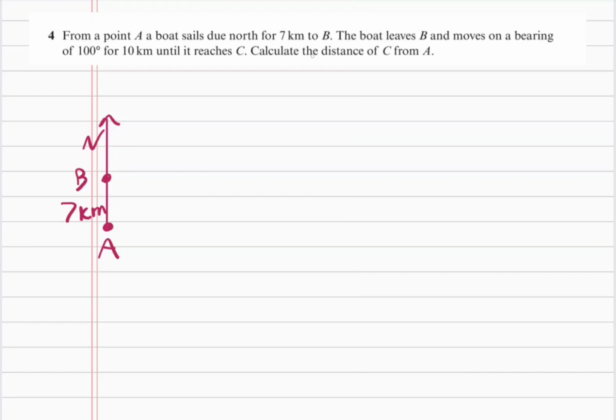Then the next part says the boat leaves B and moves on a bearing of 100 degrees for 10 kilometers. So now we have a bearing of 100 degrees, which is essentially like this. That's the bearing from B, which is 100 degrees.